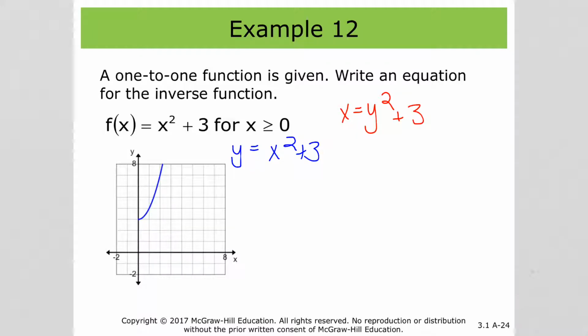Okay, so to solve for y, let's first get the y by itself. So we got y squared equals, I'm subtracting 3 from both sides, so x minus 3. And then take the square root. So we've got plus or minus the square root of x minus 3.